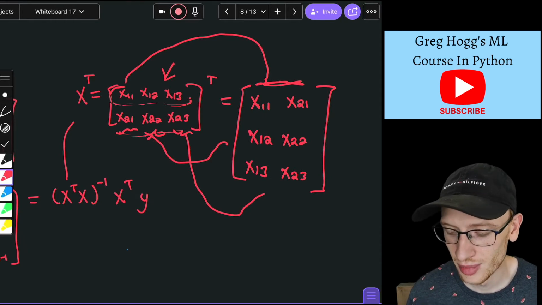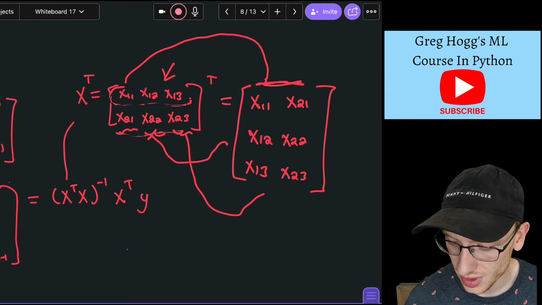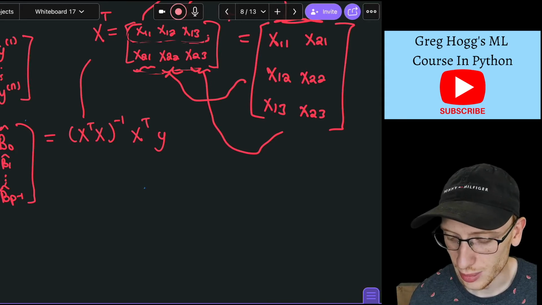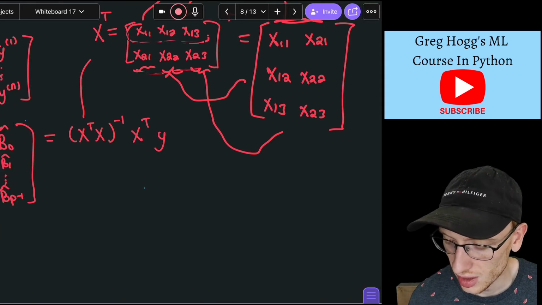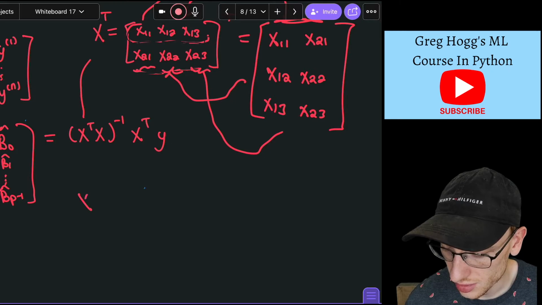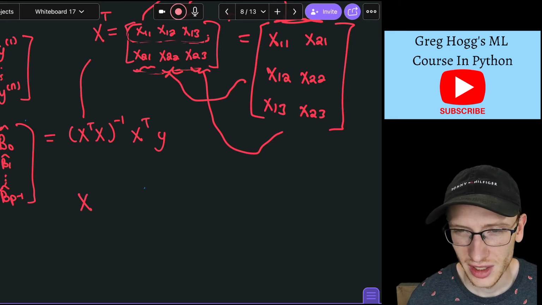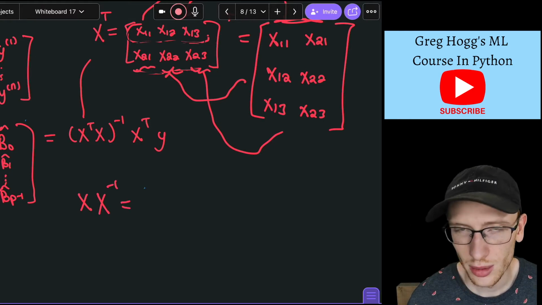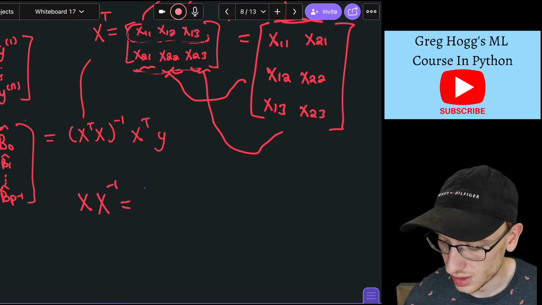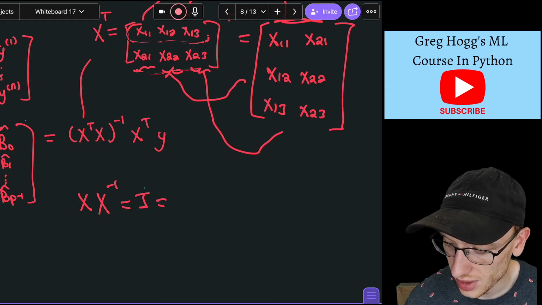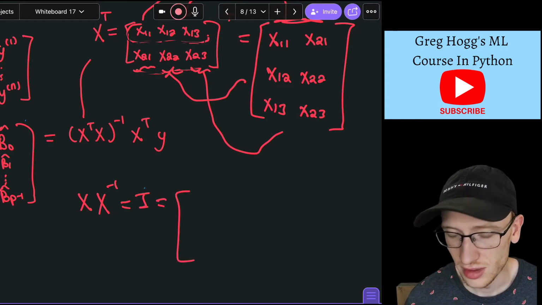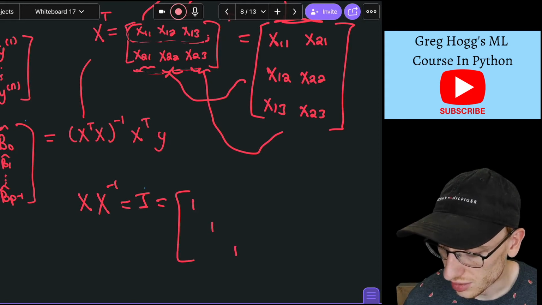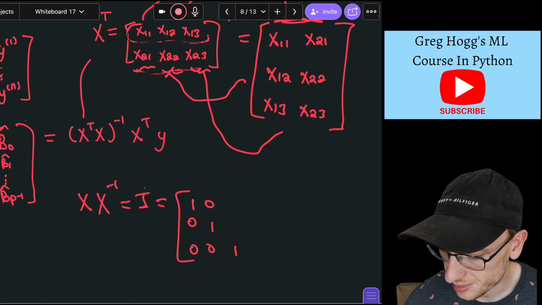And the inverse, well, I'm just going to write down that basically it means, and there's a lot more to this, and I might be a little bit sloppy with the math here, it's just intuition, that if we had another matrix, so this is X, and then we had another matrix called X inverse, the inverse of X, well, that would equal I. And in linear algebra, I is this matrix, where it looked basically like this, where the ones are on a diagonal and everything else is 0.